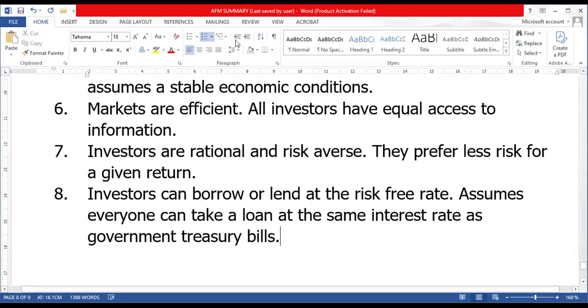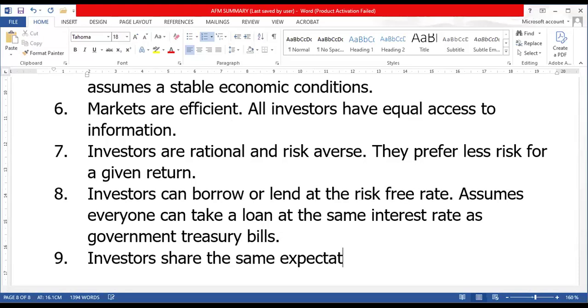Another point is that investors share the same expectations. Everyone forecasts the same risk, returns and correlations, so they make decisions using the same assumptions.